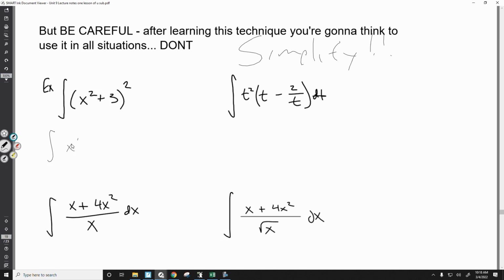Don't assume, just because it looks like a composition, that you need to think about undoing the chain rule. If there was an x here, then you could do it. If there was an x there, you could undo this using the chain rule. Since there isn't an x there, you can't.